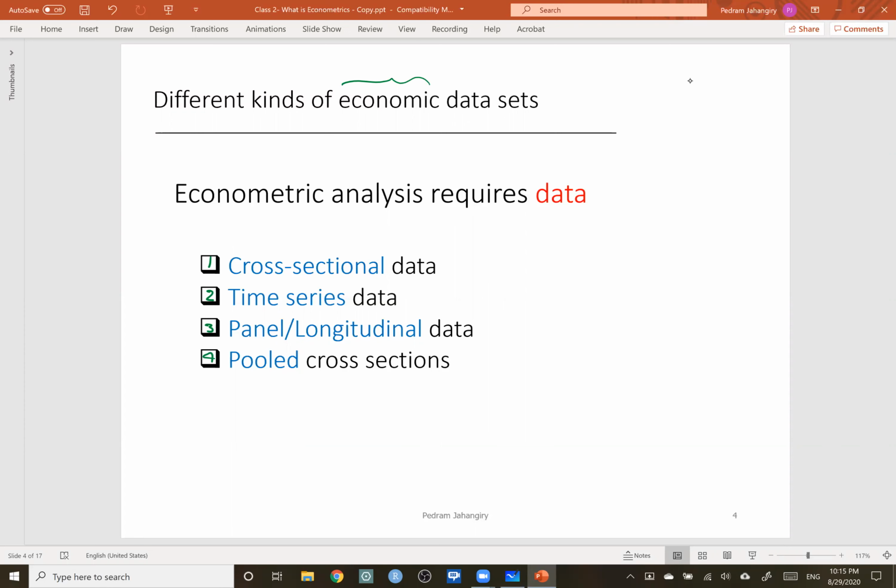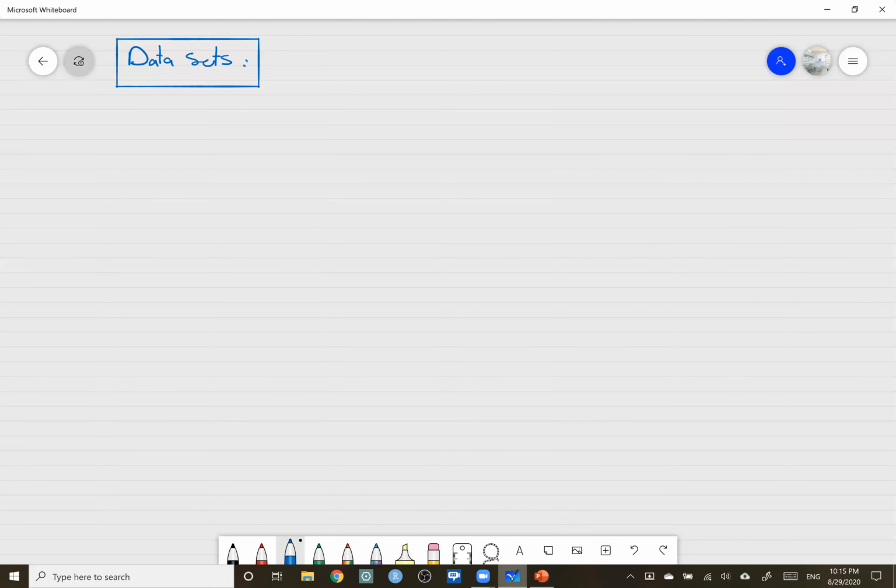The best way for me to explain it to you is to give you a very simple example, and hopefully you'll never forget that example. We are going to start with cross-section. Imagine I have 20 students in this class. Again, I'm just making up some numbers.